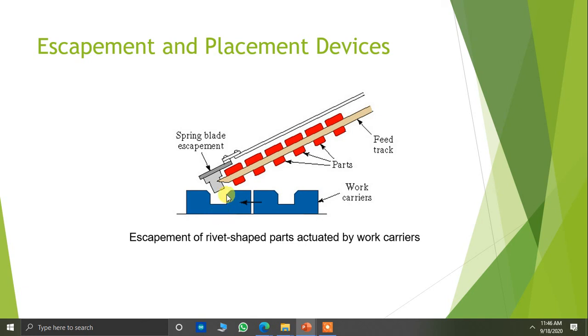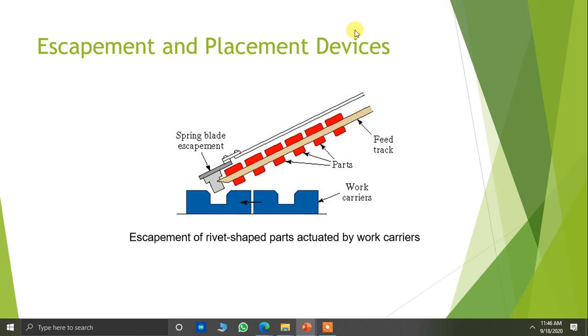This component will be transferred onto your work cell, or if it is a finished product, it will be transferred to the finished station. Especially these systems are used where you have a flat surface on top. That makes it suitable.